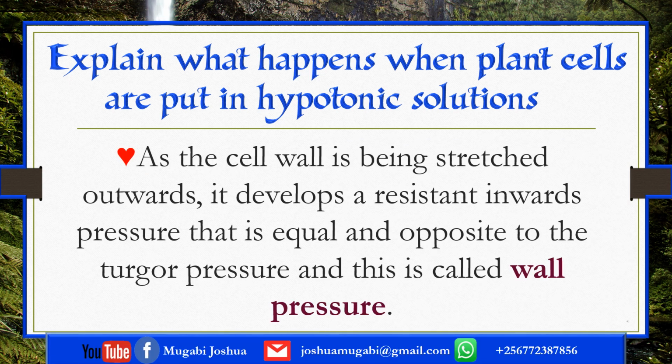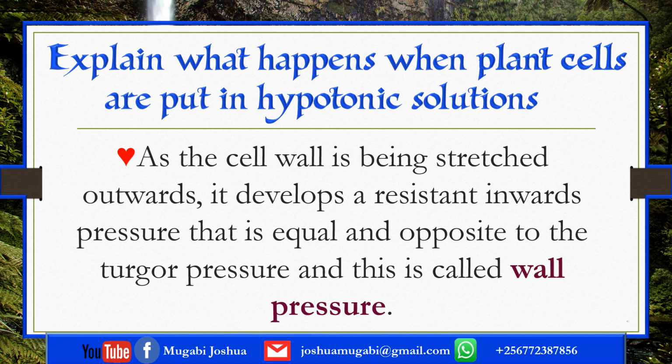As the cell wall is being stretched outwards, it also develops a resistant inward pressure that is equal and opposite to the turgor pressure, and this is called the wall pressure.